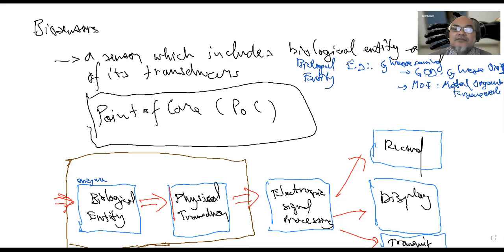So this is the biological entity. However, it could not only be an enzyme, it could also be an antibody, or antigen, depending on which one we want to detect.